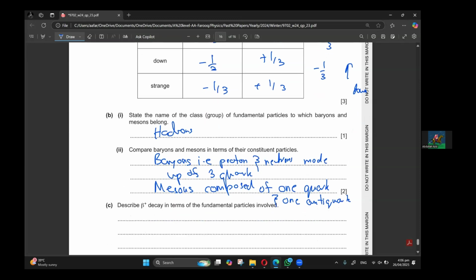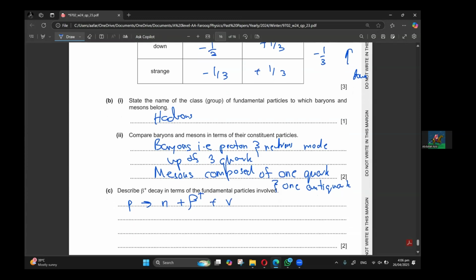Describe beta plus decay in terms of the fundamental particles. So we know that a positron is released when a proton converts into a neutron, and a positron and a neutrino are released.